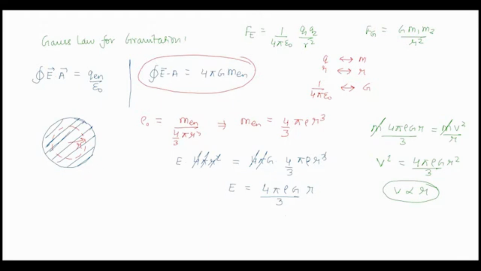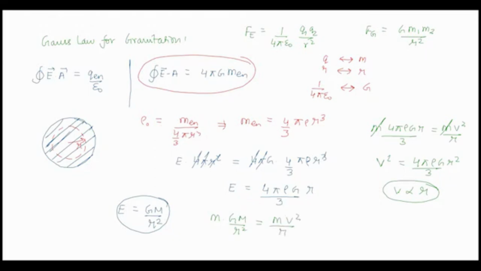Now outside, the value is going to be E equal to G M by r square. This time if we write the force equation, we get m G capital M by r square is equal to small m v square by r.